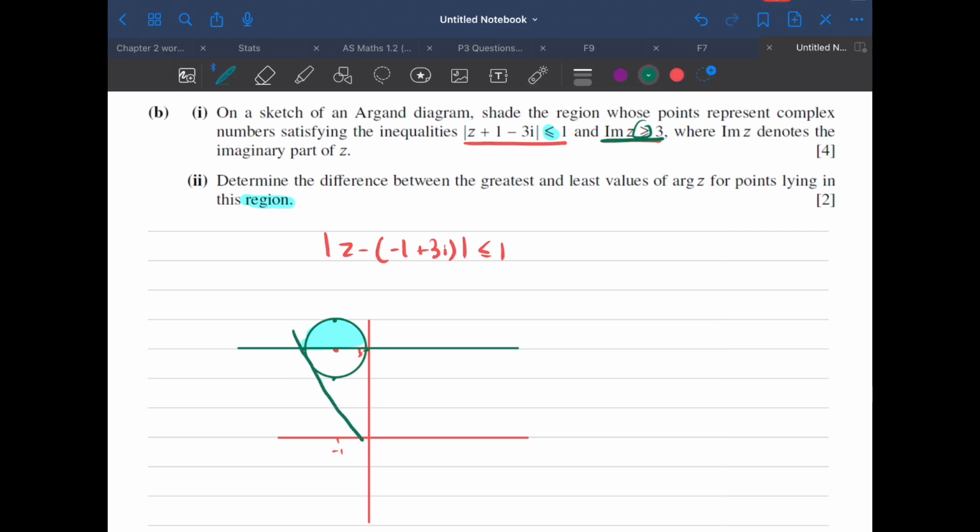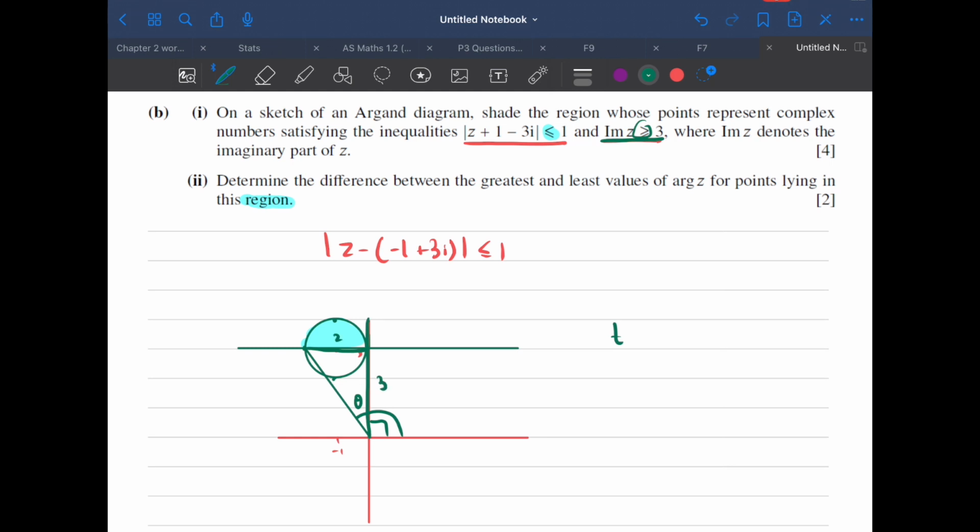And we need the difference, which means this is the least up to here and this is the greatest, so the difference means this one. I need to find this out. So guys, I know this is 3 and I know this is 2.